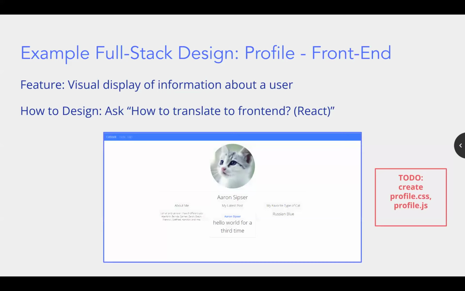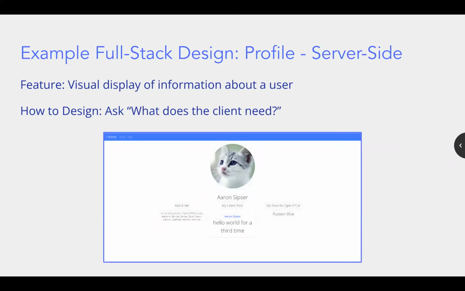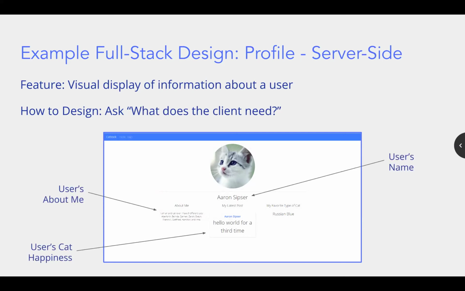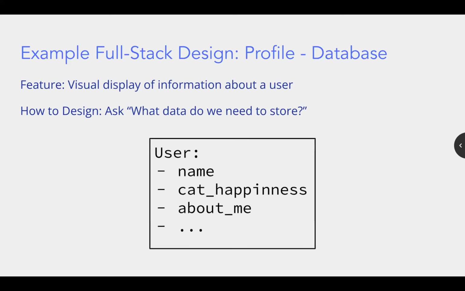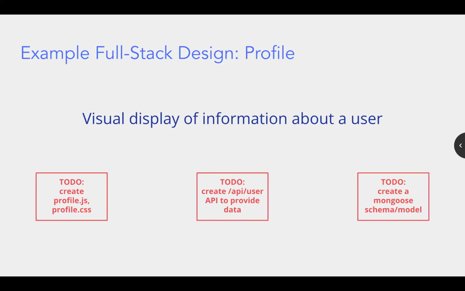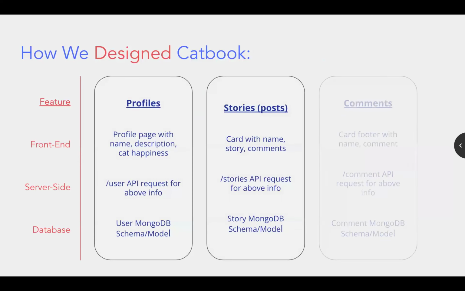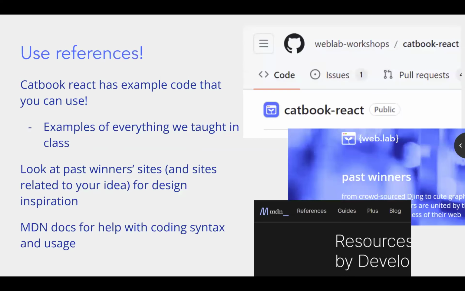So we want to create some front-end files like profile.js and a corresponding style file. We think about what information the client needs from the server. Might be things like the user's name, the user's about me, and the user's happiness. So we can make some API endpoints for those things. And we can think about what data we need to store, and that'd be that exact same information. We can put that into a schema for MongoDB. Awesome. And I guess you've seen this slide before, so I will not go over it again.